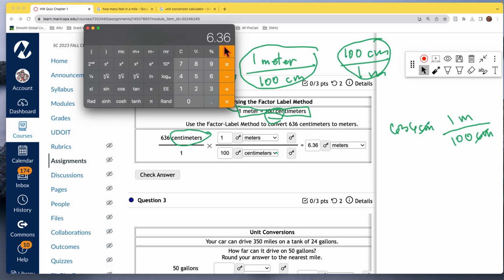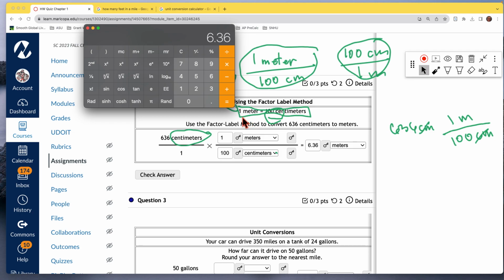So again, part of it is thinking that a centimeter is just a little bit, like a nub of your finger. Meters are the length of your arm, a little bit longer than that. So if we have 636 little things, and we go to the bigger things, we'll have fewer of those, so we should be getting smaller.